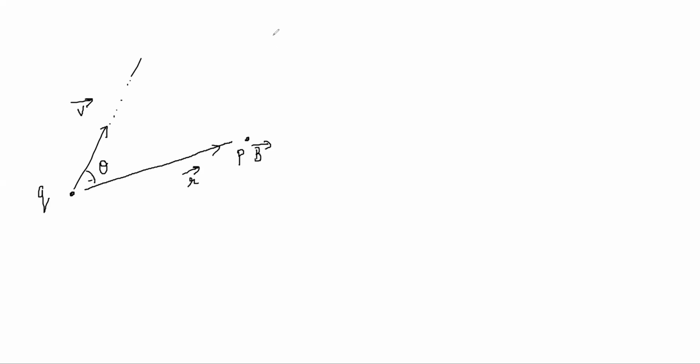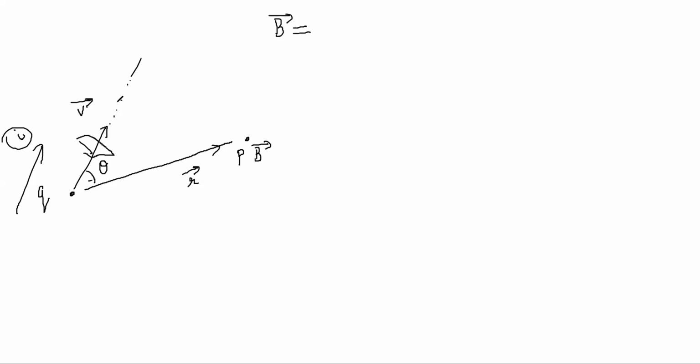So the magnetic field due to this charged particle in motion, you can think of it as a current flowing. The charge is crossing some cross section per unit time, right? So this charge will cross an area in some unit time.